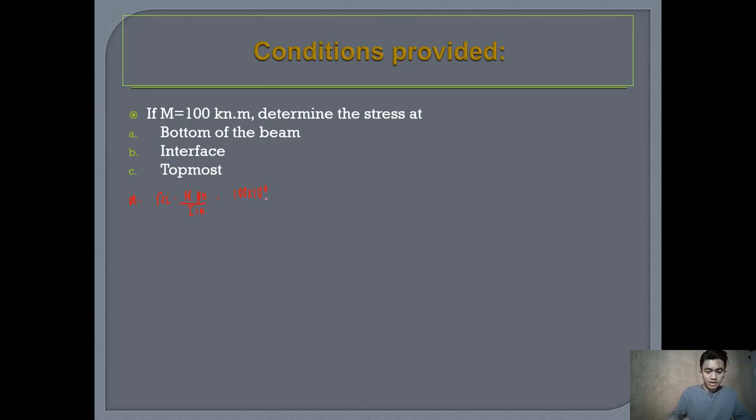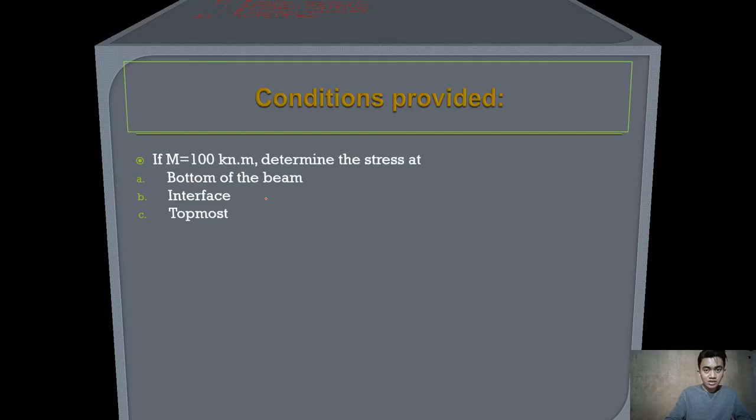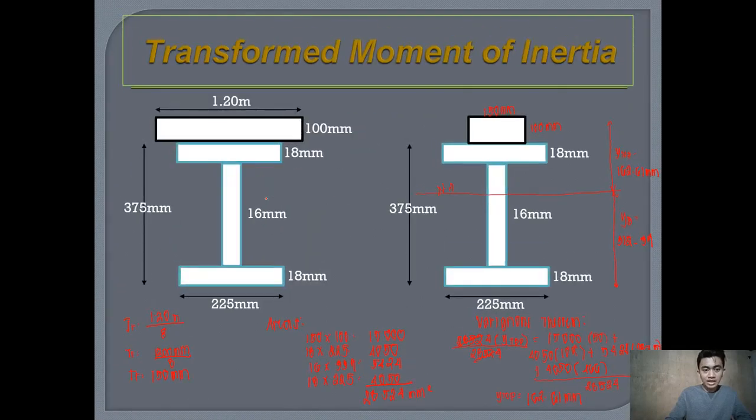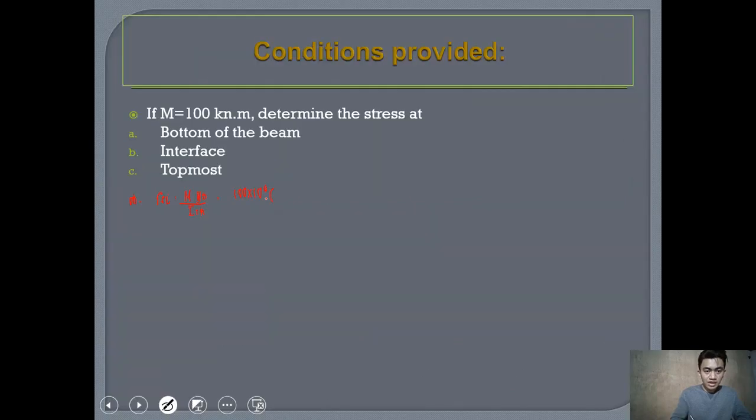Multiply this one by what is now our distance that we have computed earlier, that is 312.39. So we have here 312.39 mm all over our transformed moment of inertia, which is 723.903 times 10 raised to 6 mm raised to 4.